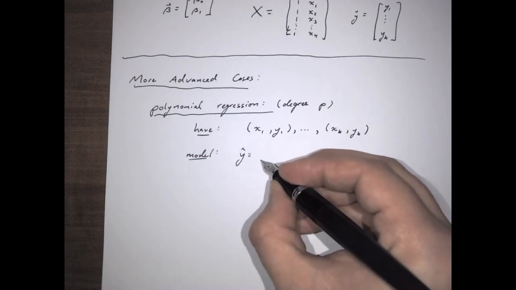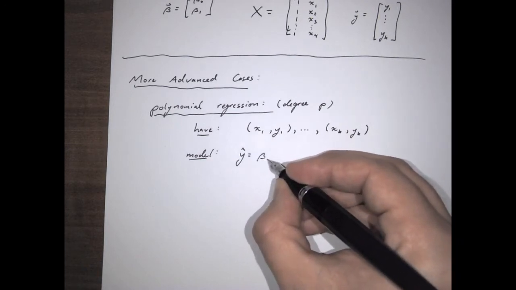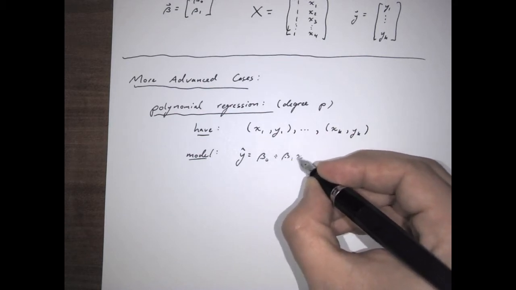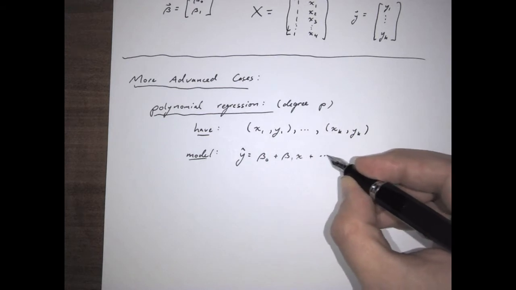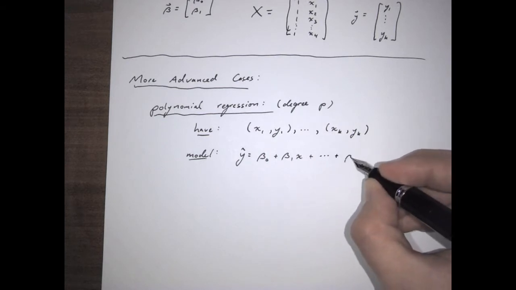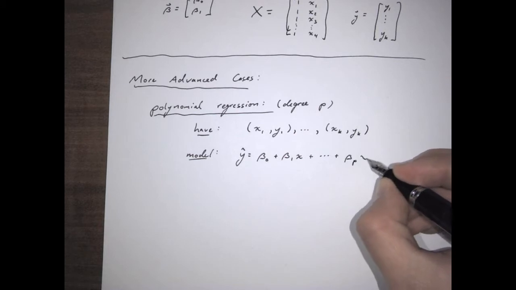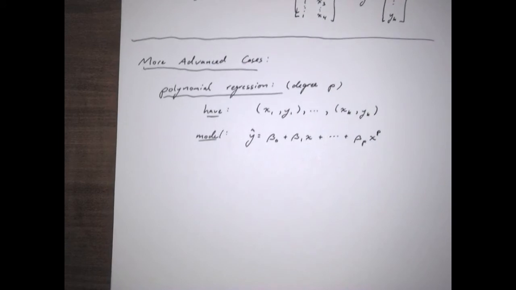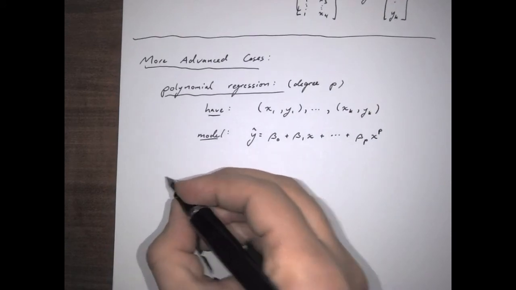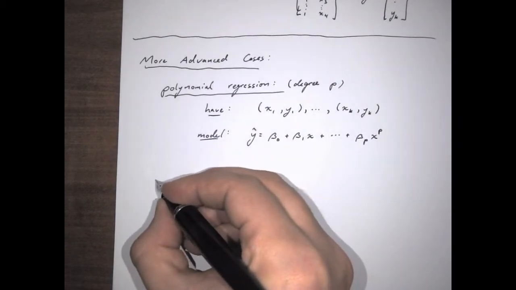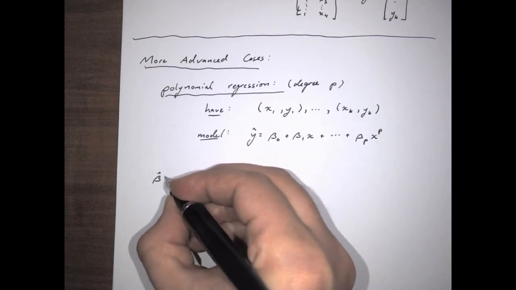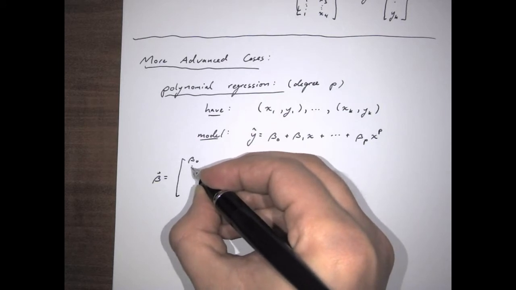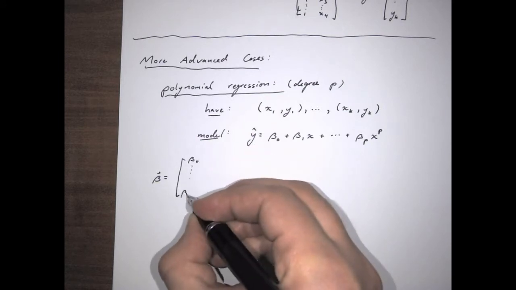Then y hat could equal beta naught plus beta 1 x plus up to beta p x to the p. Then what that means is we have as our parameter vector, beta: beta naught all the way up to beta p.